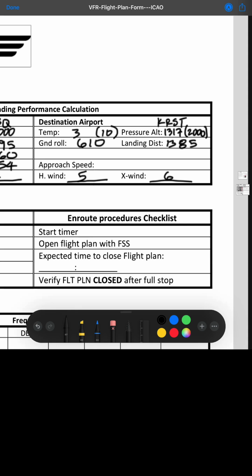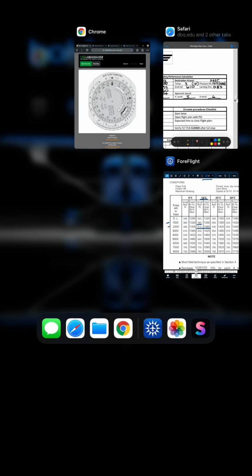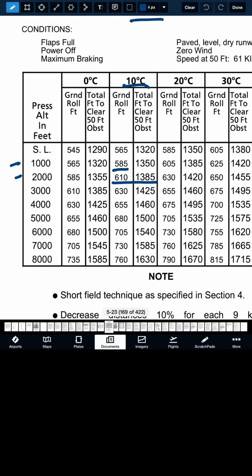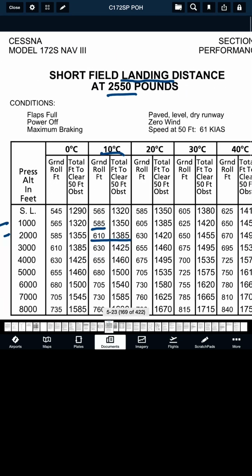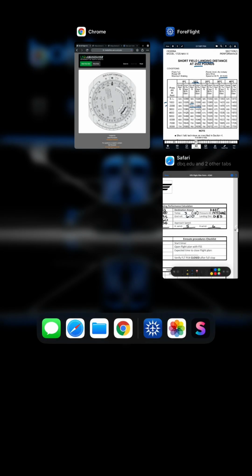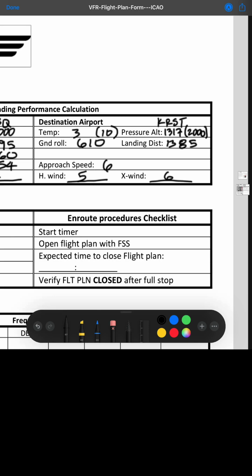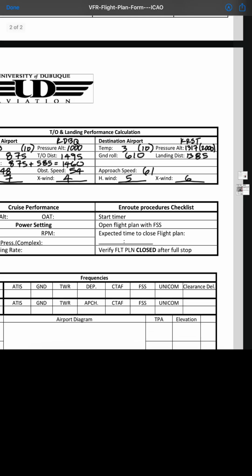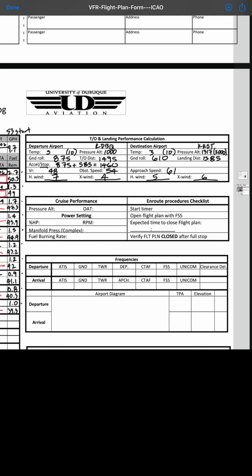Again, you could interpolate that if you want to be super precise, but we're taking the bigger numbers anyway, so no need to interpolate. Our speed, as we are 50 feet above the runway, should be 61 knots, so that's what we're going to say our approach speed is. And now you have calculated your takeoff and landing information.